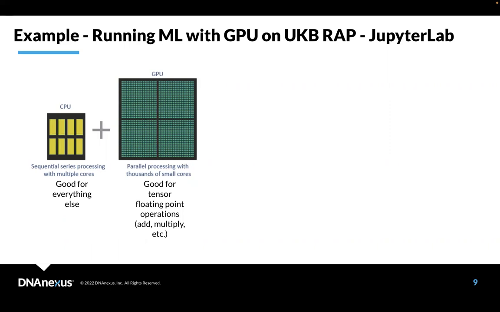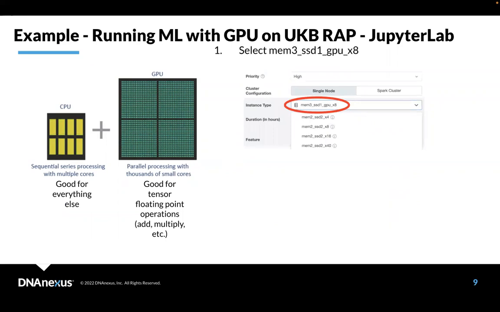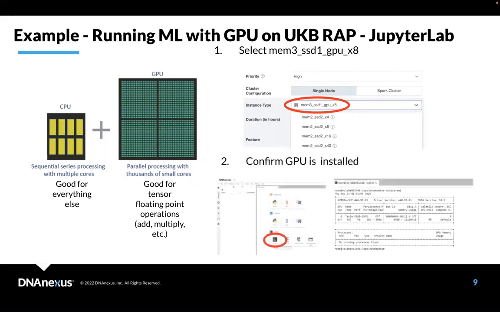But when we work with machine learning and do some really computationally intensive tasks, we can use graphical processing units, which make the computation much faster. So as one example of such infrastructure, we can select appropriate instance type with graphical processing units in the suffix. And then once our machine is ready, we can check and confirm if GPU is installed.